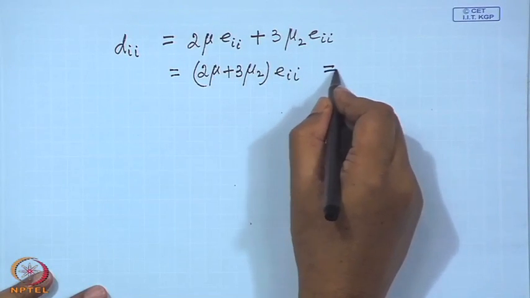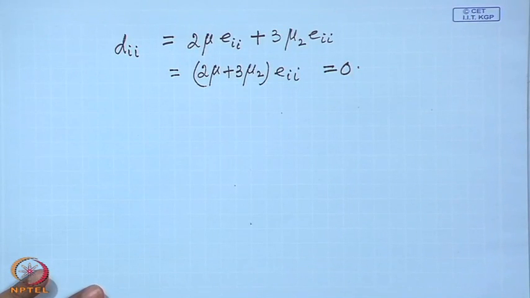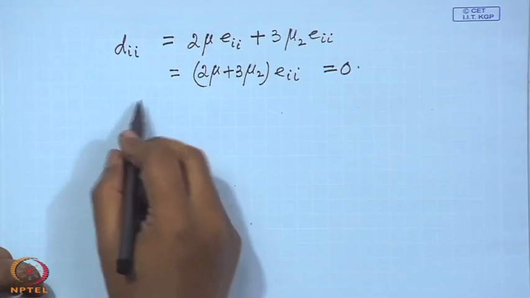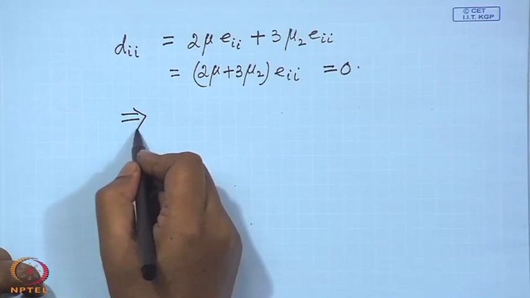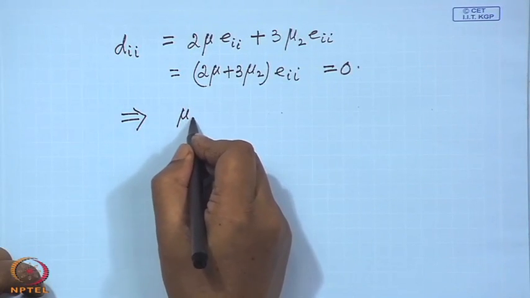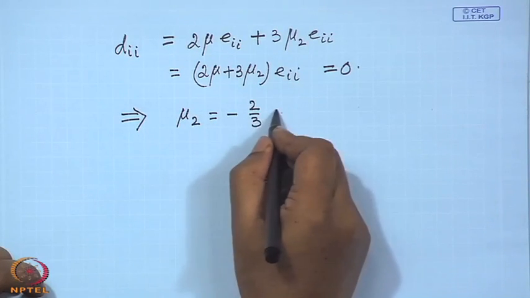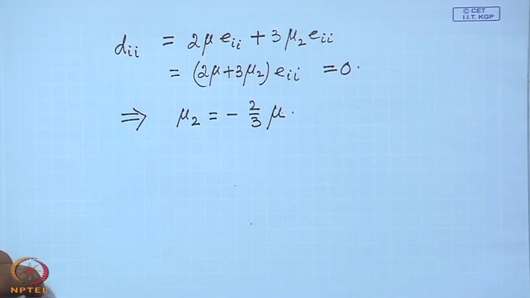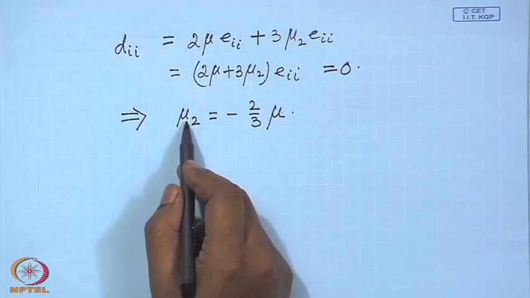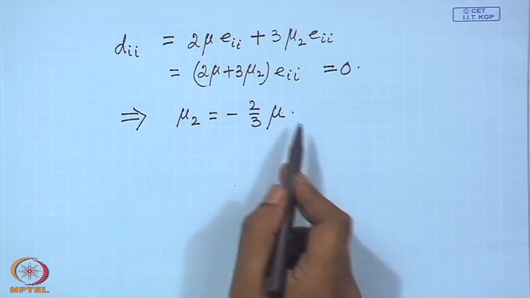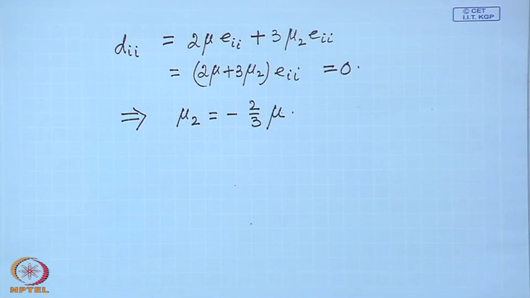And this is equal to 0, by the definition of our deviatoric stress tensor, and this gives us mu_2 equal to minus 2/3 mu. So we have been able to eliminate the second coefficient of viscosity in terms of the coefficient of viscosity itself.